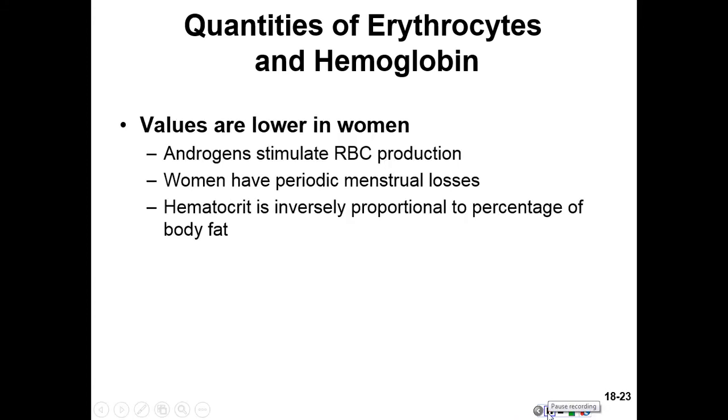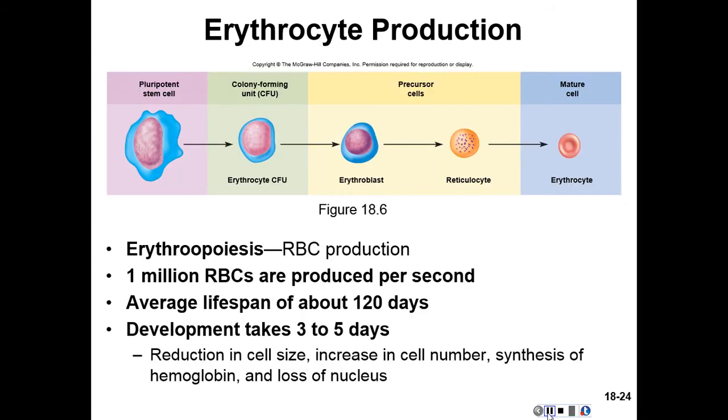So we can see values are lower in women. Androgen plays a role in red blood cell production, along with menstrual loss, and the hematocrit is inversely proportional to body fat mass.